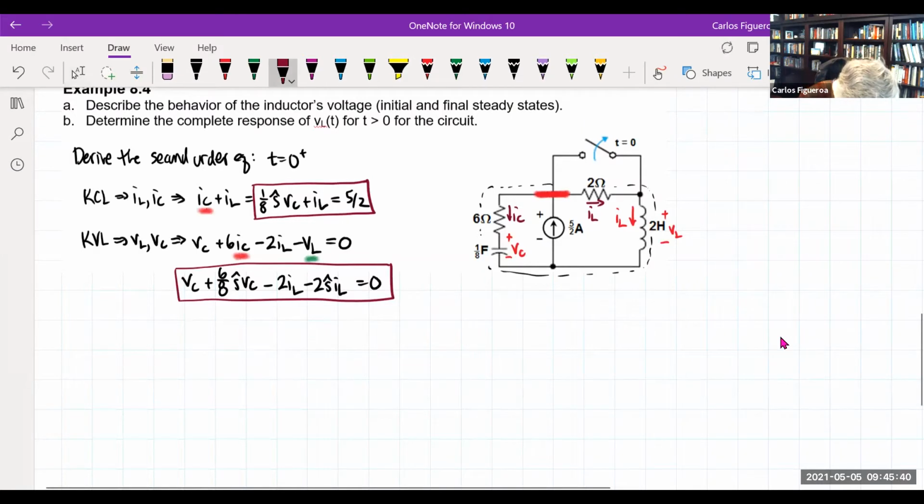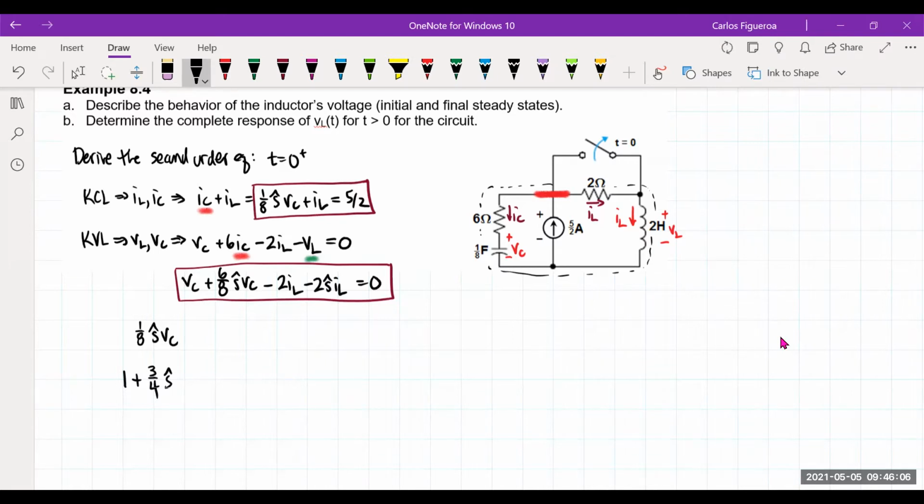So let's collect the VC terms. My VC terms are going to look like what? I'm going to get 1/8 S hat VC. I look at the left, so I'm going to get 1 plus 6/8. I'm going to reduce that, so that should be 3/4. And then I look at my IL.